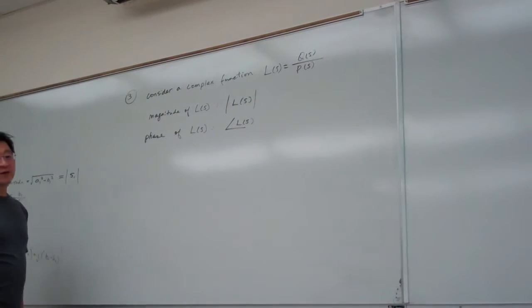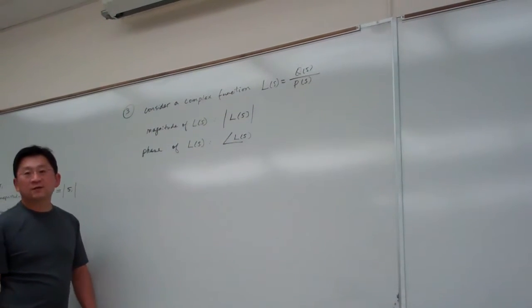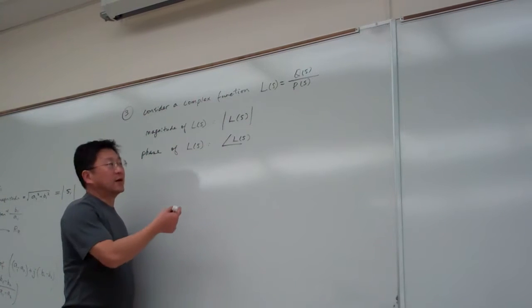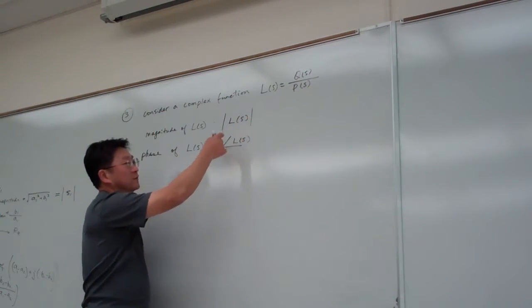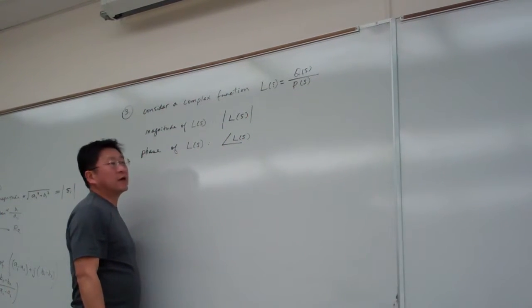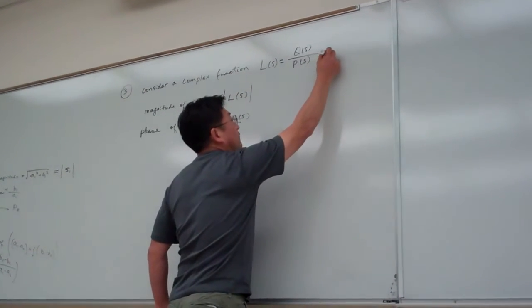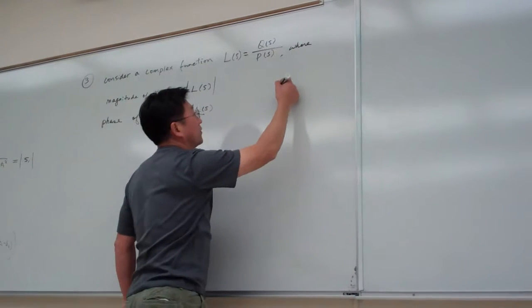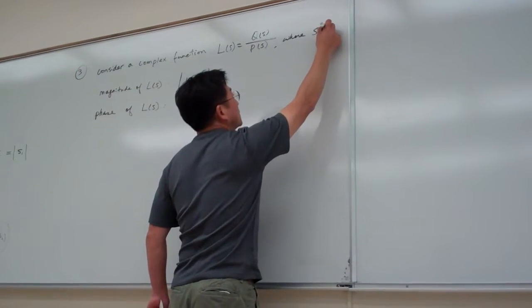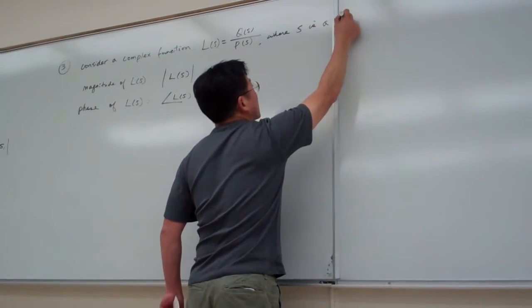By doing so, basically I tell you nothing. I only introduce you to the symbols for those things. But how do we calculate this? Here you have to remember this is a complex function, so S is a complex number.